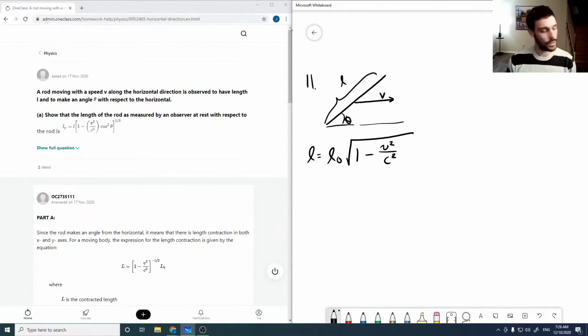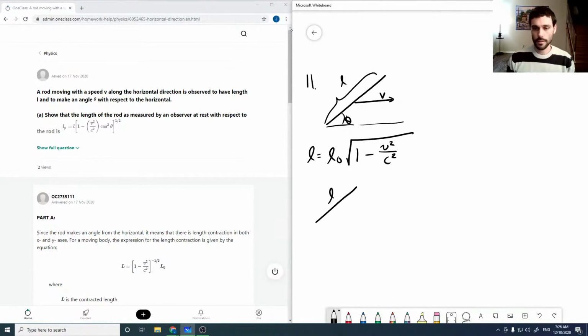So rather than using this, we actually have to use the different directions here. It's only going to be observed to be compressed in one direction, specifically the direction that it's moving.